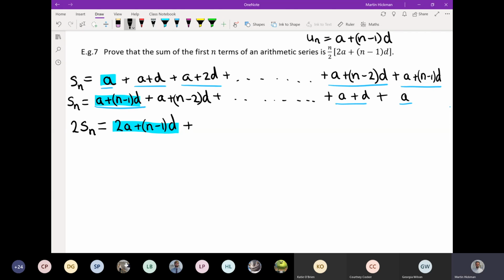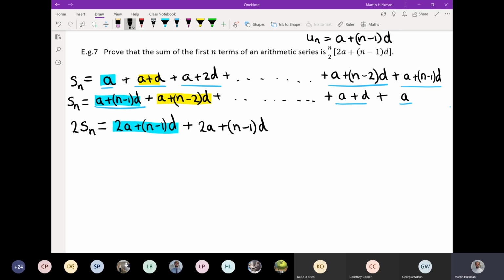Then I'm going to take my second term and my second from last term and add them together. So a plus a is 2a, and d plus n minus 2 times d. Basically you've got n minus 2 d's, but then you add a d on, so you've just got n minus 1 d's.